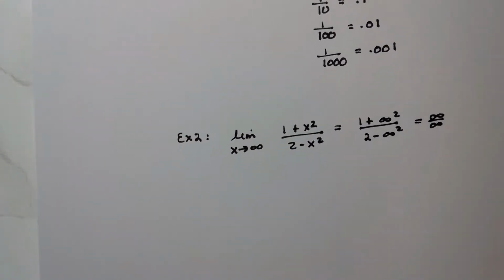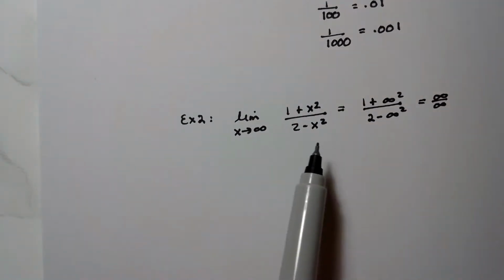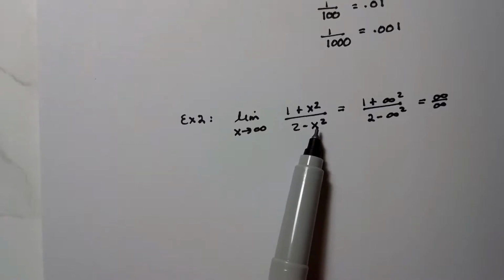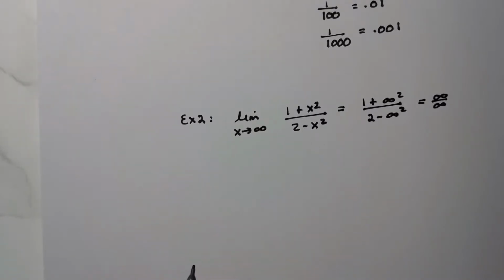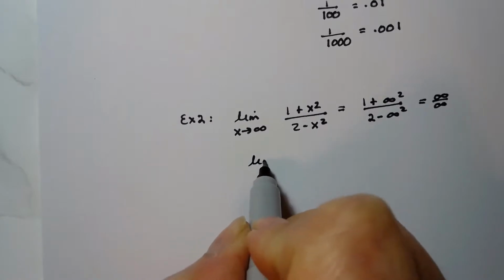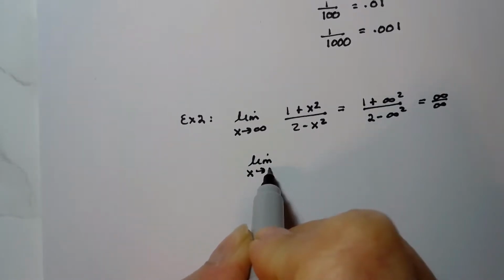And so the way that you're going to do it is as follows. You're going to take the highest degree variable in the denominator and divide every term up and down of your function by that variable of the highest degree. So what you have to write for the grader is limit as x approaches infinity.